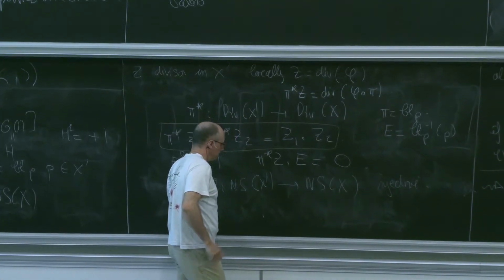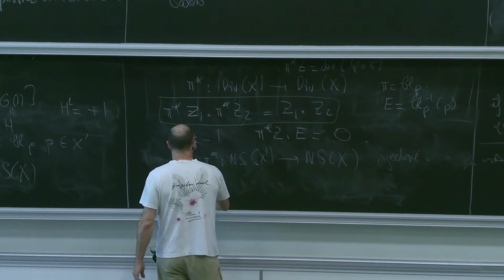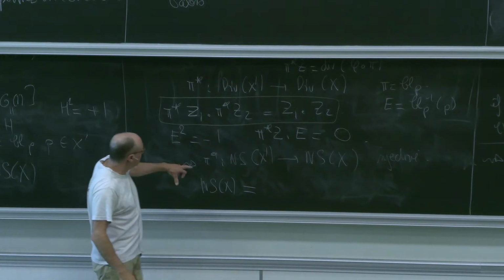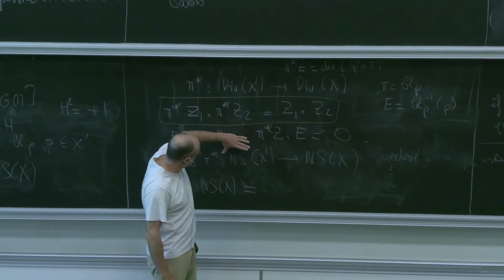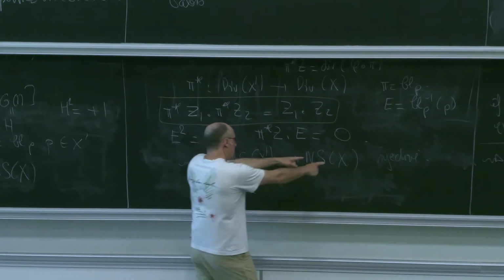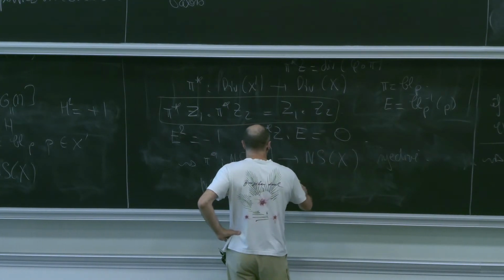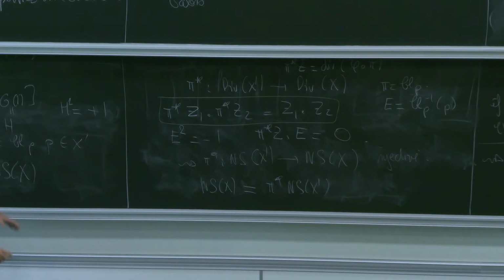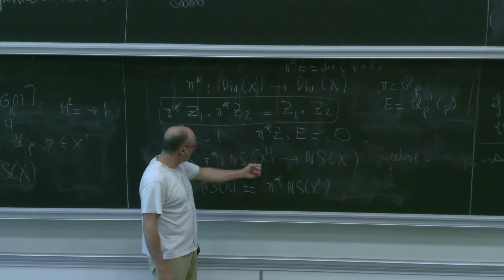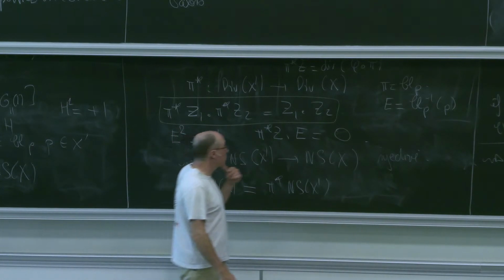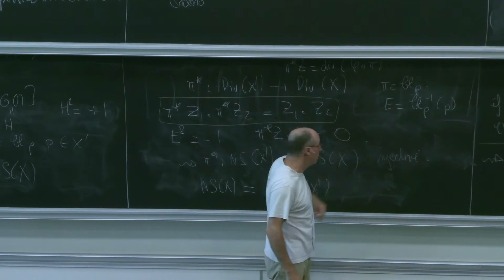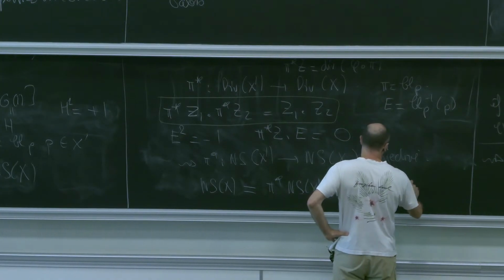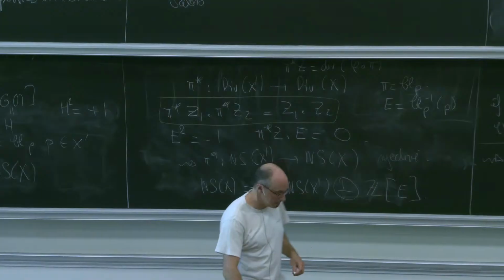What I'm going to explain is that, since it's injective, I can identify NS of X' with its image inside NS of X. What remains is the class E, so you have to add the class generated by E.